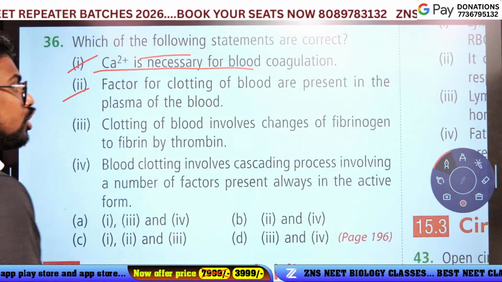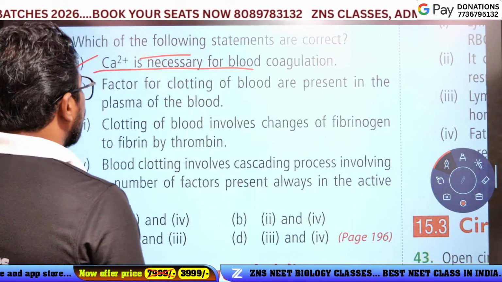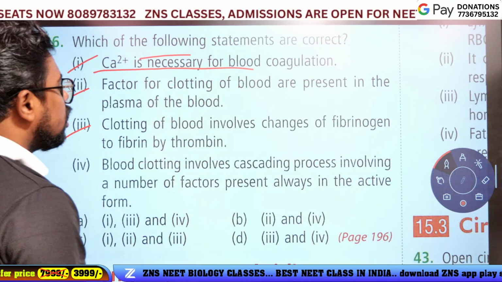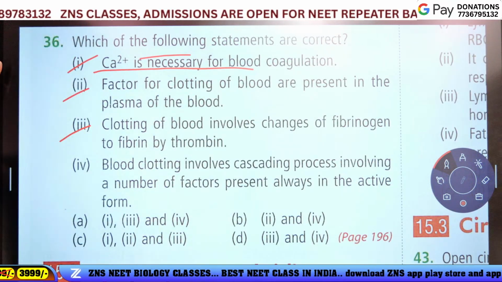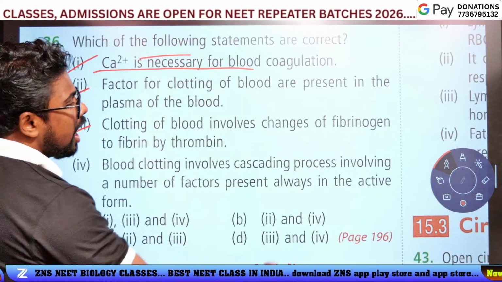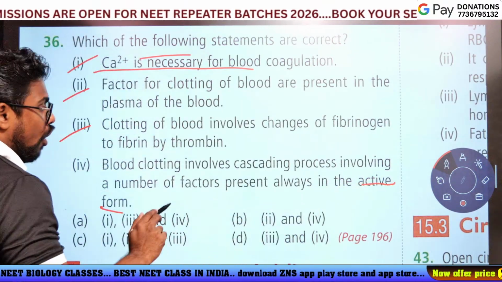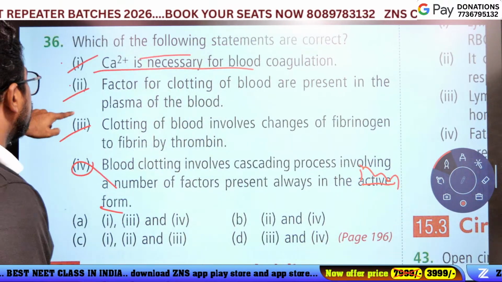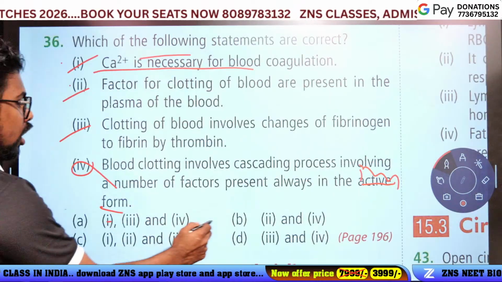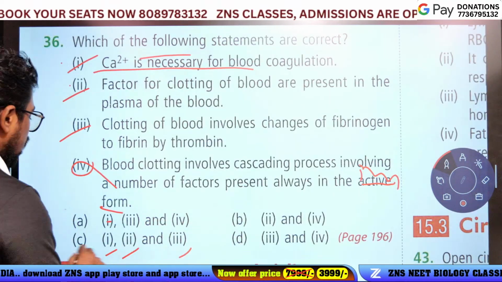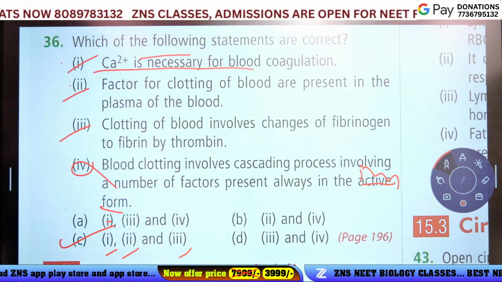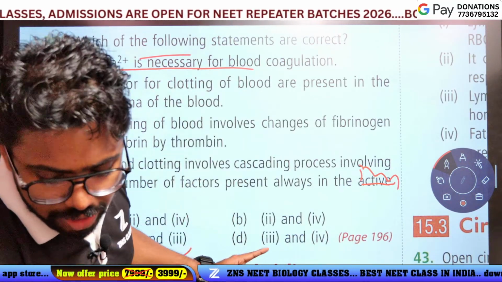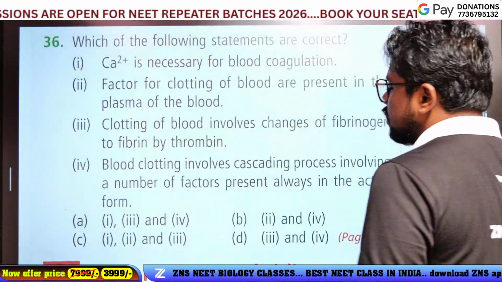Correct. Blood clotting involves a cascade process involving a number of factors, always present in the active form? No, it's an inactive form. That statement is incorrect. So 1, 2, 3 is the answer. Ready? You understood. It's a simple question.